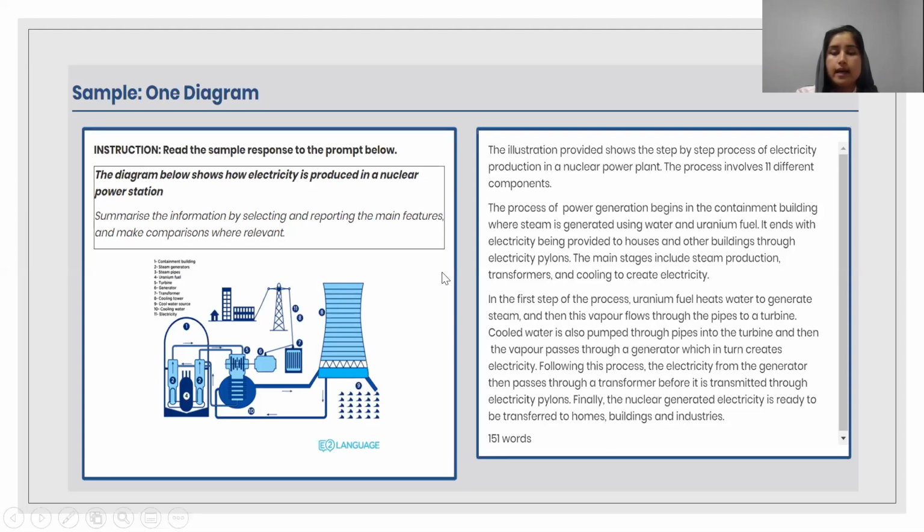Okay, so in this one, can you just tell me what are the time markers? Mostly the time markers are used in the last paragraph. And if you could just write, where are those ones?